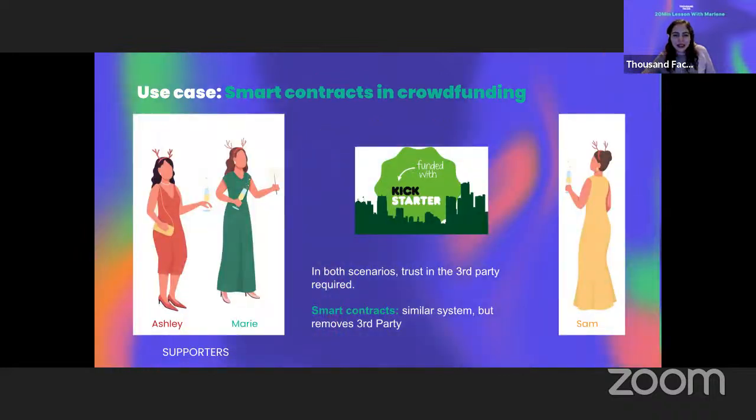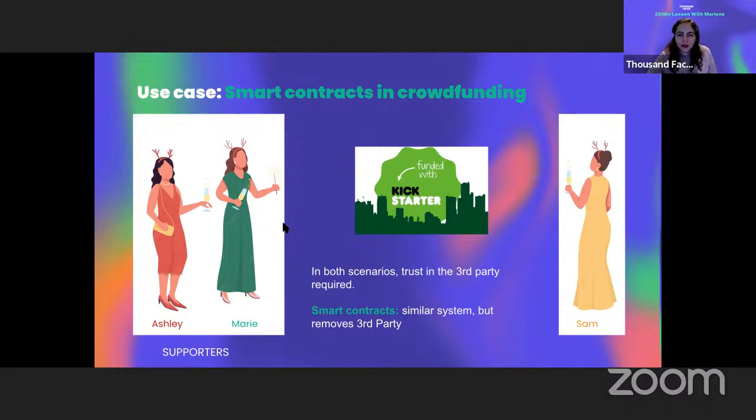So in both cases, they're either successful or not successful. There's a third party involved in between Sam and her friends, and it's a crowdfunding platform. In this case, we can think Kickstarter.